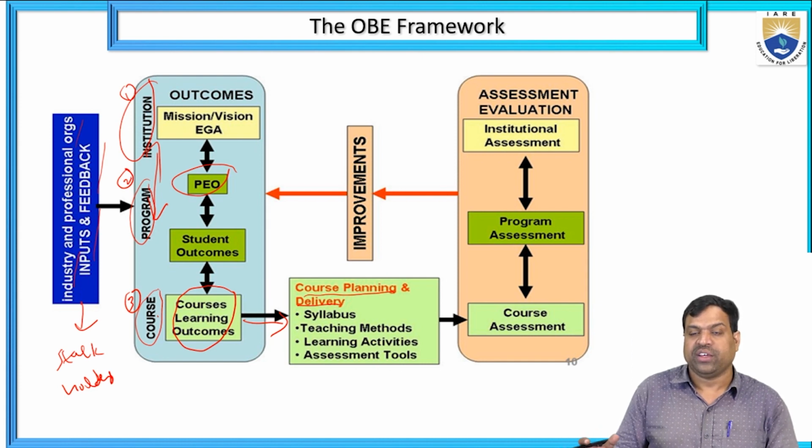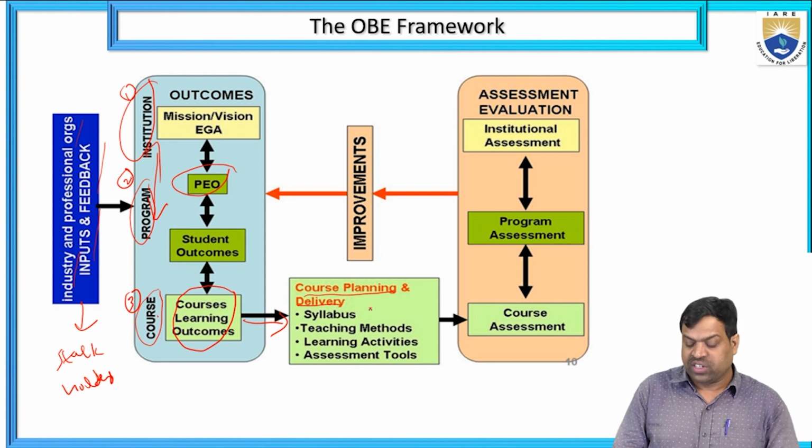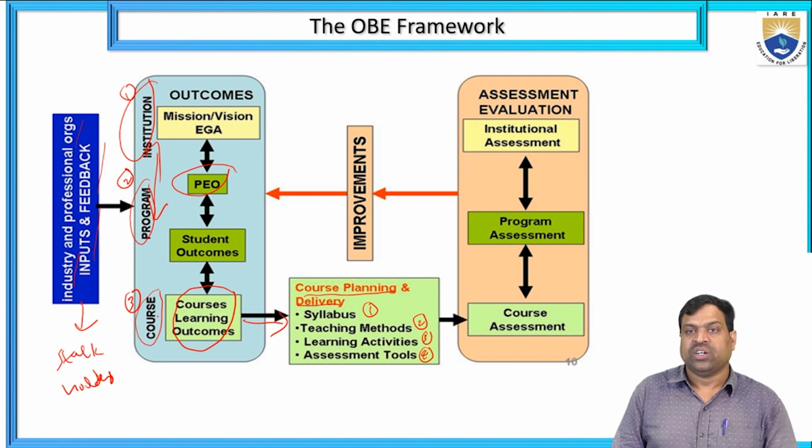Do we need any improvement in classes, or any extra classes compared to others? In course planning and delivery, first the syllabus plays the main role. After that, teaching methods, which method they are applying, learning activities for the students, and assessment tools. What tools are they using? That is important. So: course planning, delivery, syllabus, teaching methods, learning activities, assessment tools.